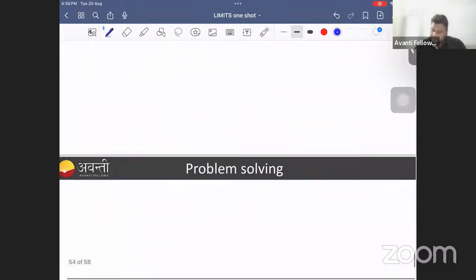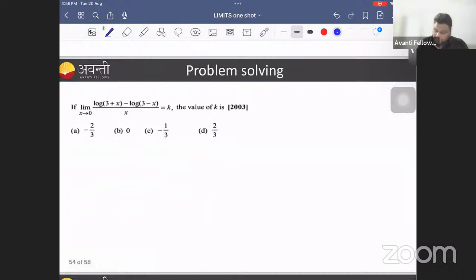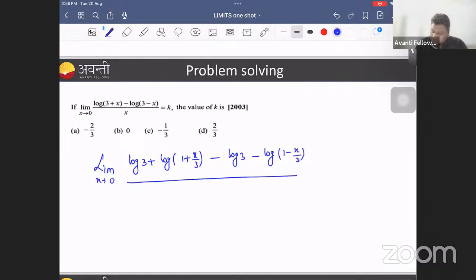Got it? So this is another very simple and good question. The value of k is being asked. Limit as x approaches 0. In the numerator, it is log(3 + x) minus log(3 - x). Take 3 common. You get log 3 plus log(1 + x/3) minus log 3 minus log(1 - x/3), whole divided by x.